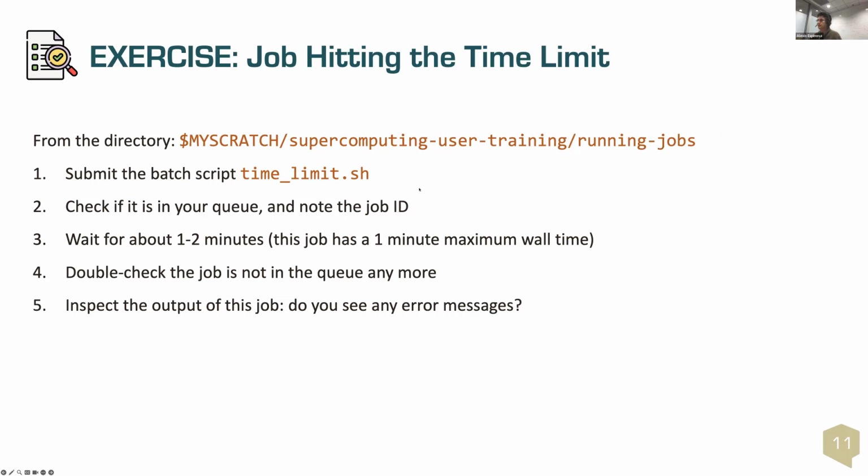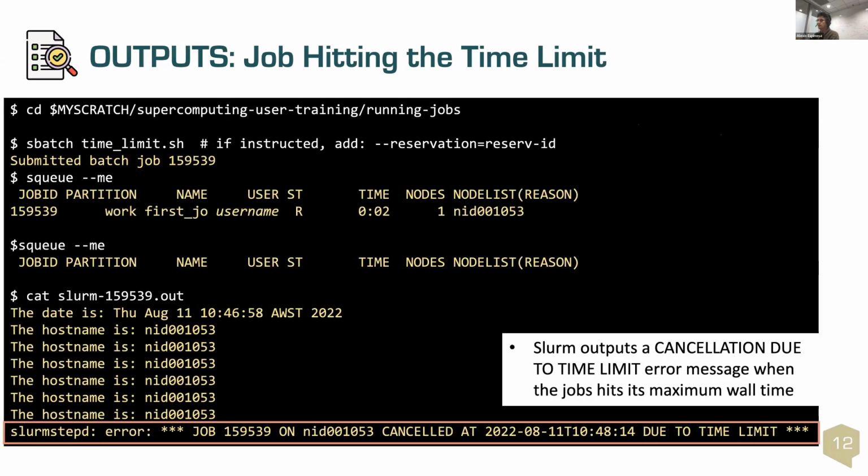So, exercise, hitting the time limit. This is just for you to check what are the kind of messages when a job is trying to keep running, but reaches the limit of the time available. So that job is the time limit job.